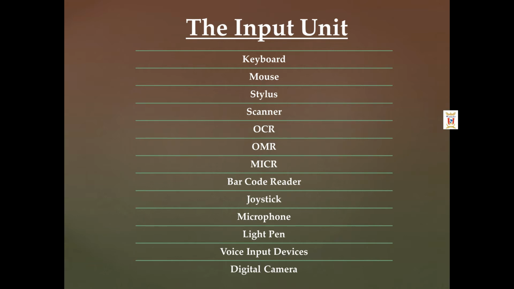Next is barcode reader. It is an input device used for reading barcodes printed on the packing of various products. You must have seen it on the various products you buy. Barcode is a combination of, again, light and dark strips. It is used for billing and inventory applications.